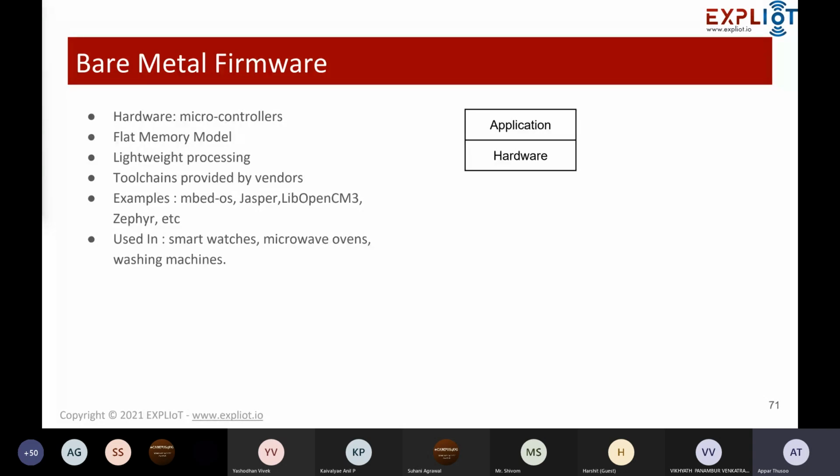The bare metal firmware directly resides and runs on the device hardware itself, and that is the reason why it has a flat memory model, which basically means the entire firmware is on the device memory itself. You have different memory blocks.